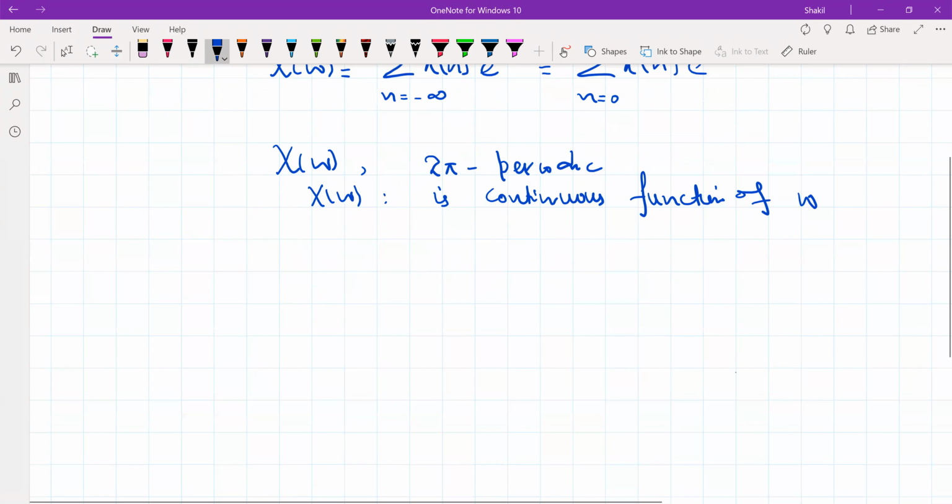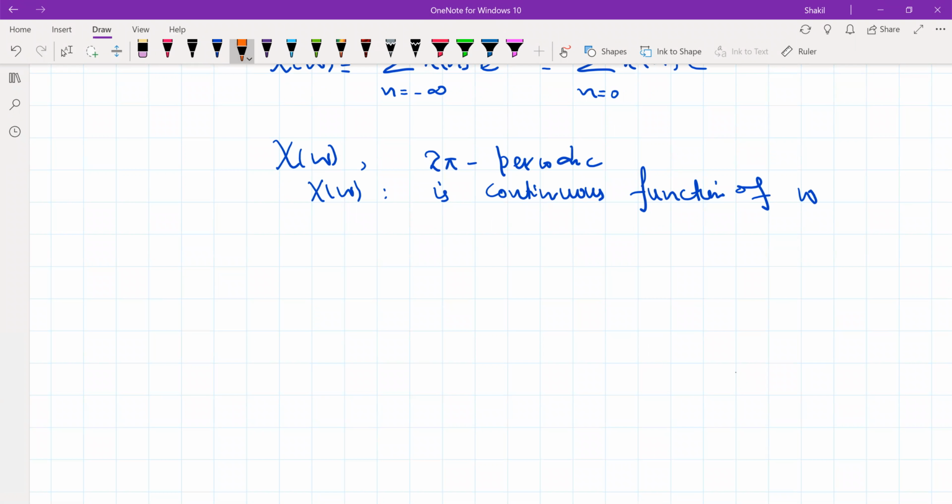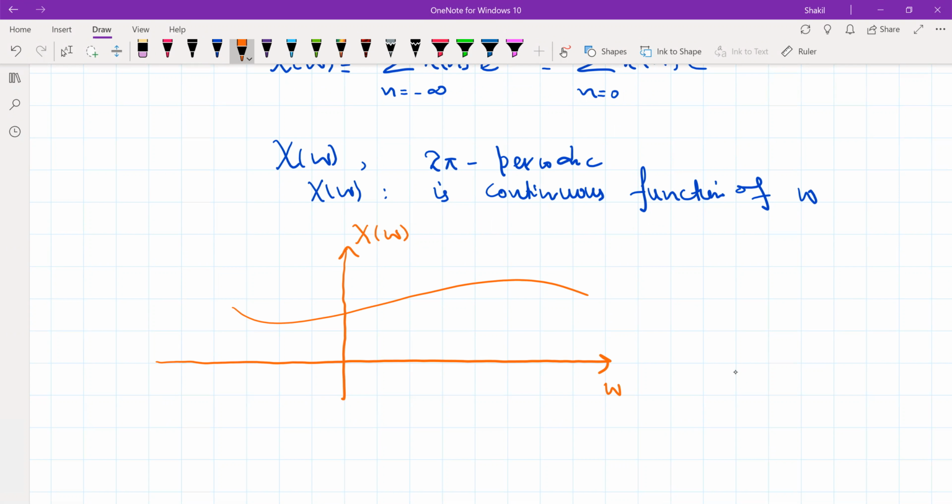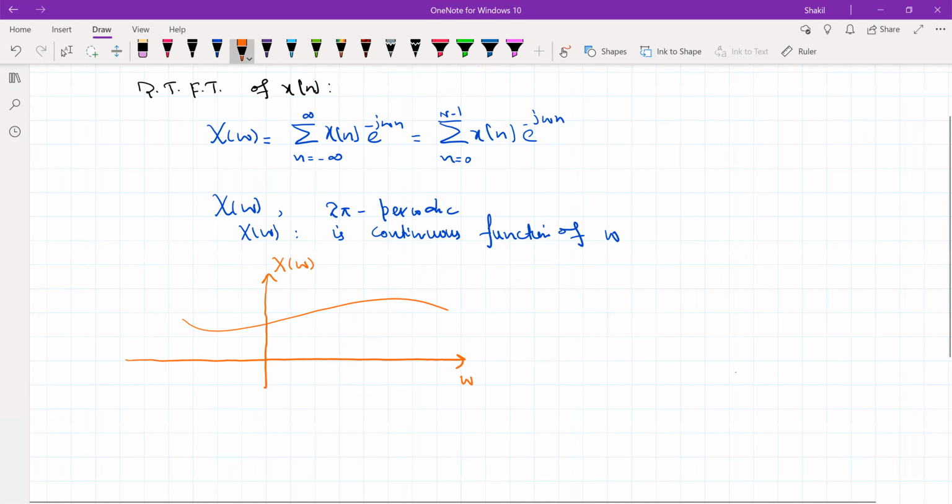Now what do we mean by this? It simply means that the discrete time Fourier transform X of omega is a continuous function of omega. And suppose this is the discrete time Fourier transform of this x of n, right? So this is our discrete time Fourier transform.